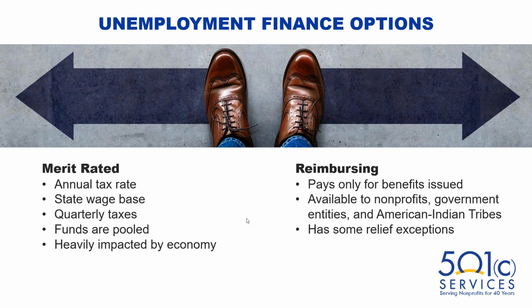We'll use Oregon. In 2023, the wage base in Oregon was $50,900, and the maximum rate you could be assigned was 5.4%. But let's just say you're assigned a 4% rate in Oregon. You're going to pay 4% of the first $50,900 that every employee earns.